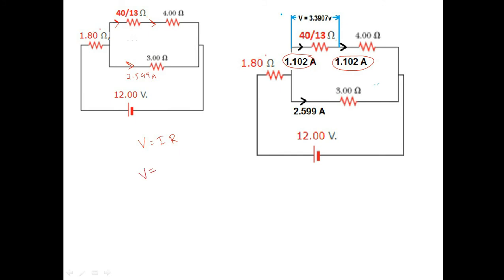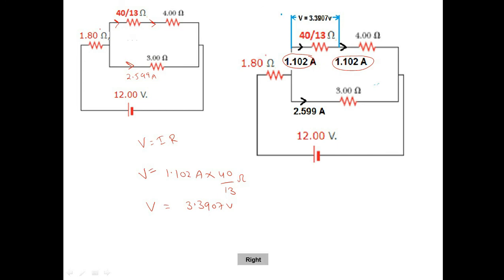The current through it is 1.102 amperes, and the resistance is 40/13 ohm. So we multiply that, and we get the voltage equals 3.3907 volts across this.